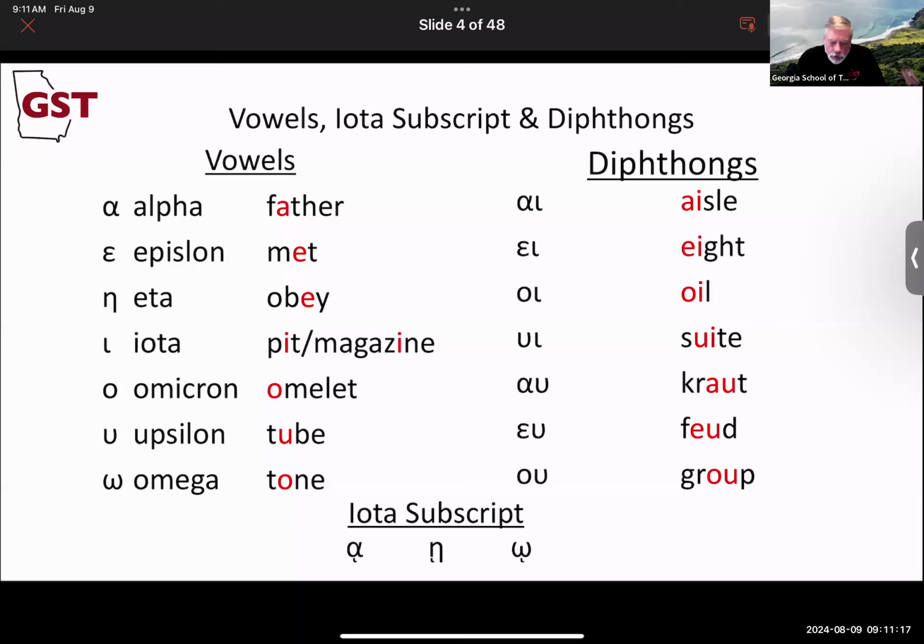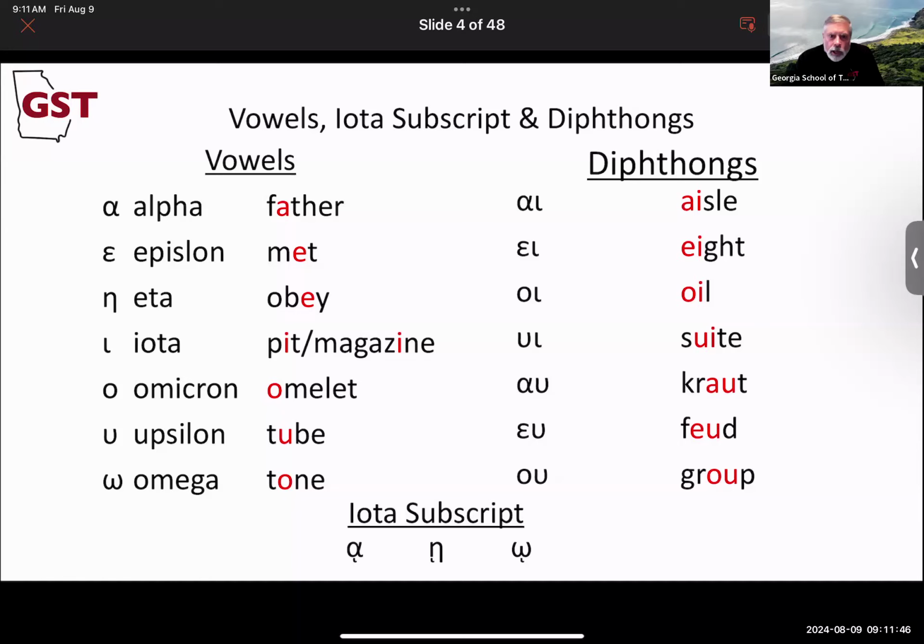Well, what about the diphthongs? Do you understand what a diphthong is? Yes, sir. It's two vowels together that make one sound. Perfect. And so you notice in this slide, it makes it a little easier to recognize. There's kind of an order to it. Diphthongs often end with an iota, though not every vowel combination ending with the iota is going to be a diphthong.